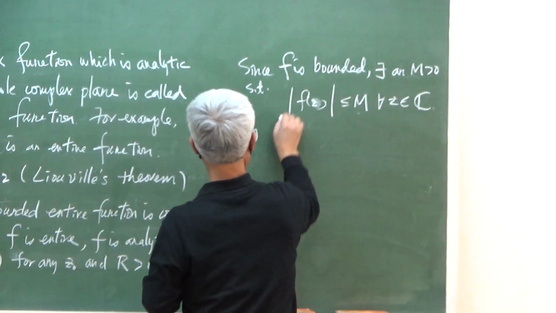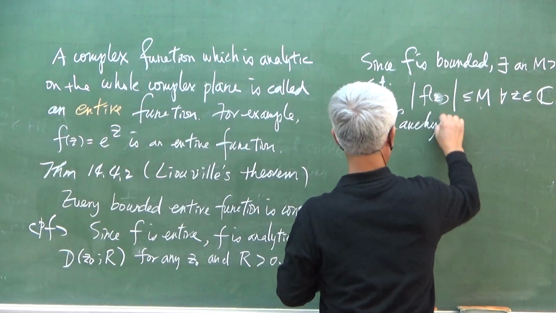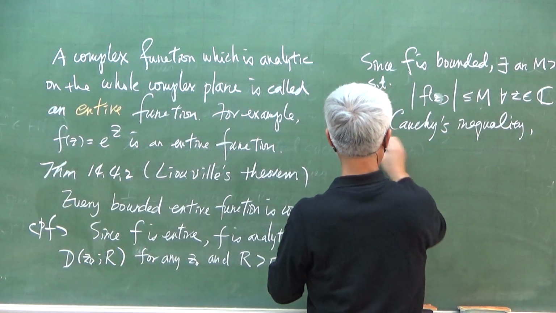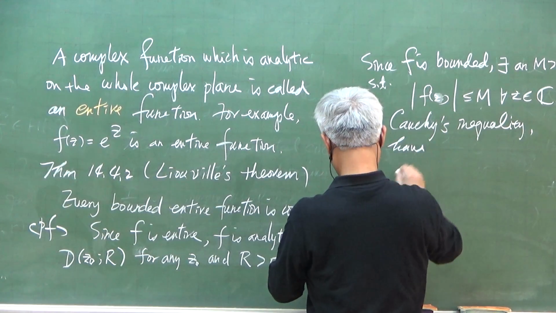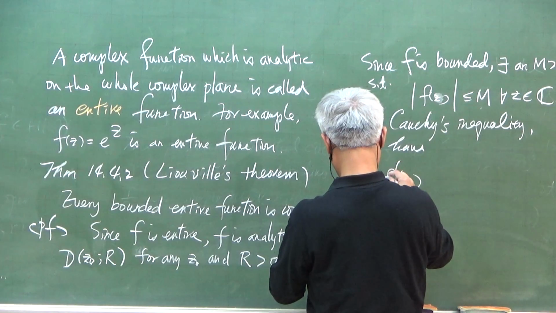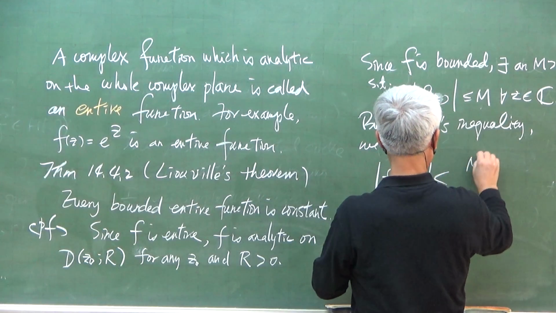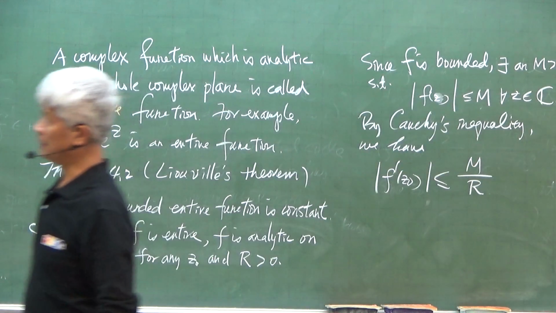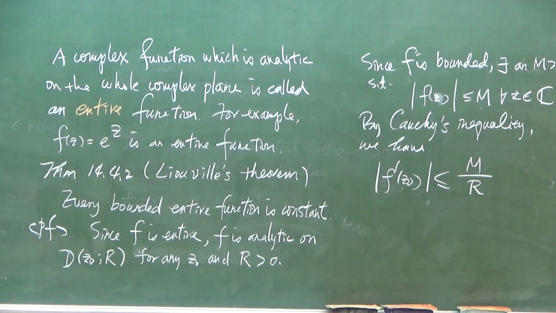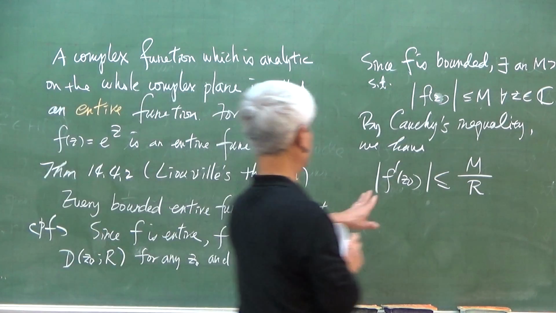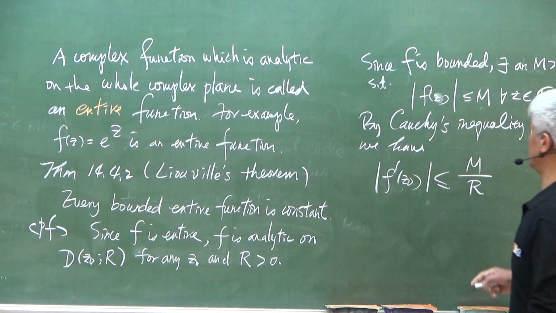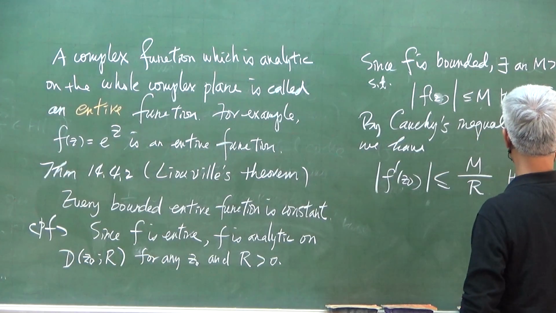Now, by Cauchy's inequality, we have |f'(z0)| is less than or equal to M divided by r. This is by Cauchy's inequality for n equal to 1. And this is true for all r greater than 0.